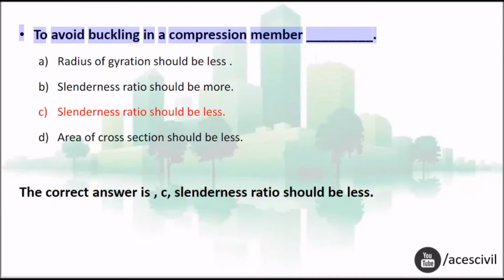To avoid buckling in a compression member, A. Radius of gyration should be less. B. Slenderness ratio should be more.